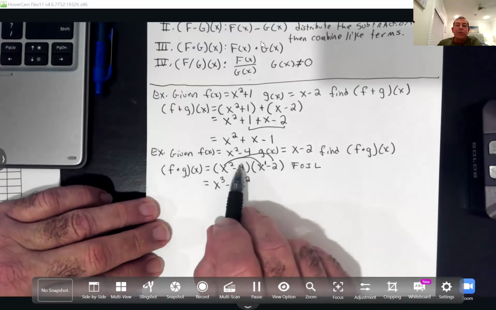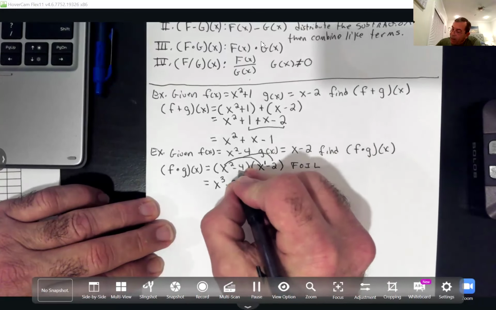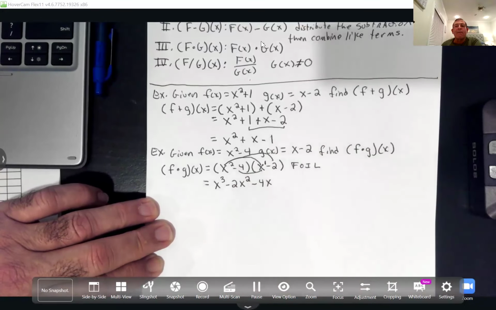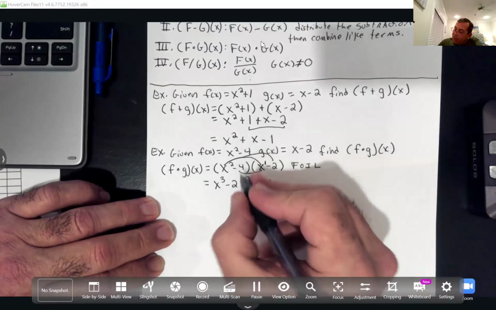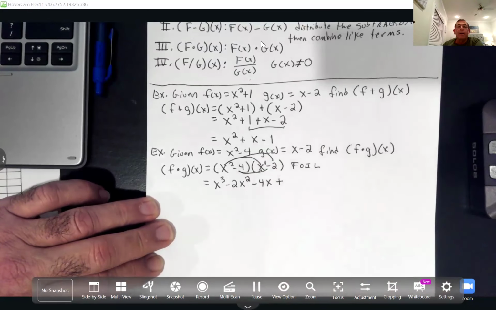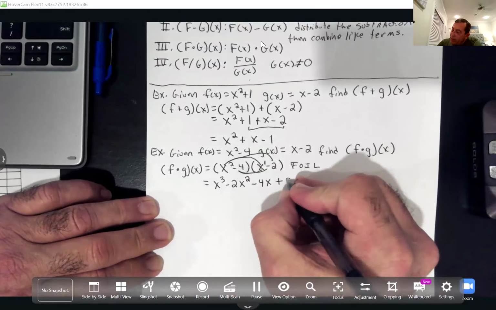All right, now distribute the -4. -4 times x is a -4x. And then y'all, that -4 times -2, that's going to be a positive. And what 4 times 2 give us? 8.